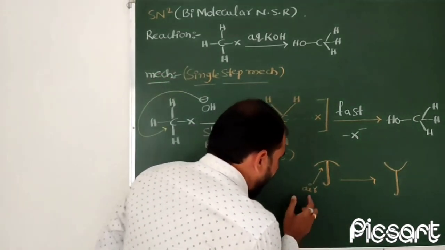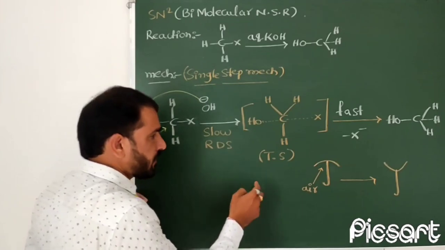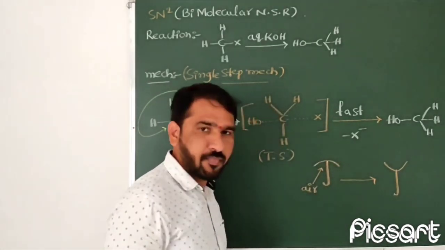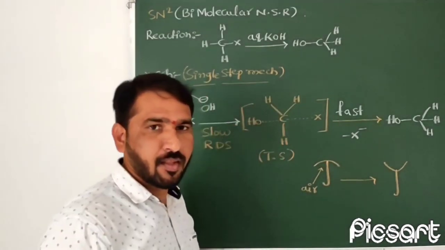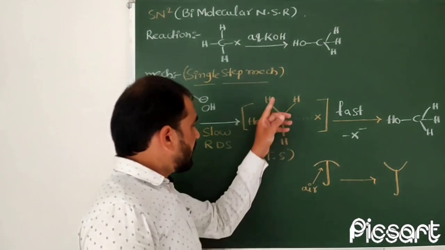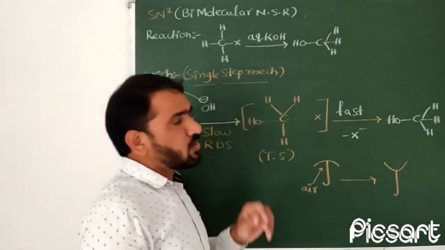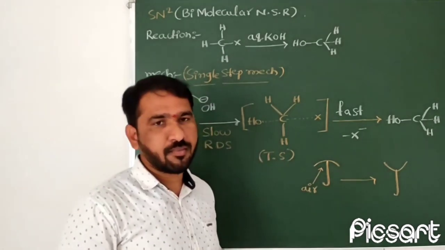So here, air means what? The nucleophile attacking. The cap of the umbrella means what here? The remaining groups over the carbon. And one more important point I would like to say here. In the intermediate of the SN2 reaction, the carbon has 5 bonds.